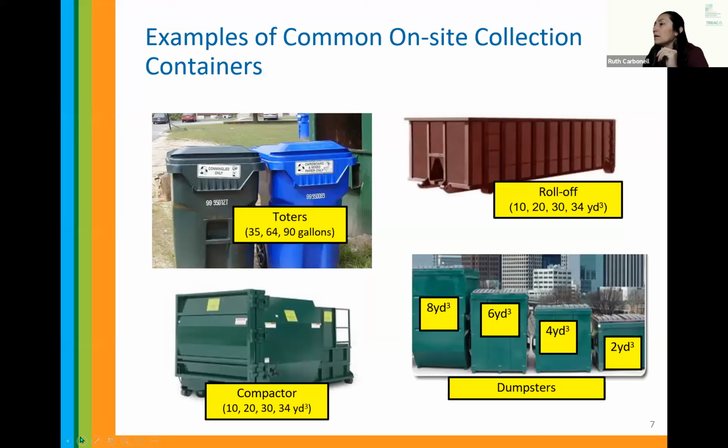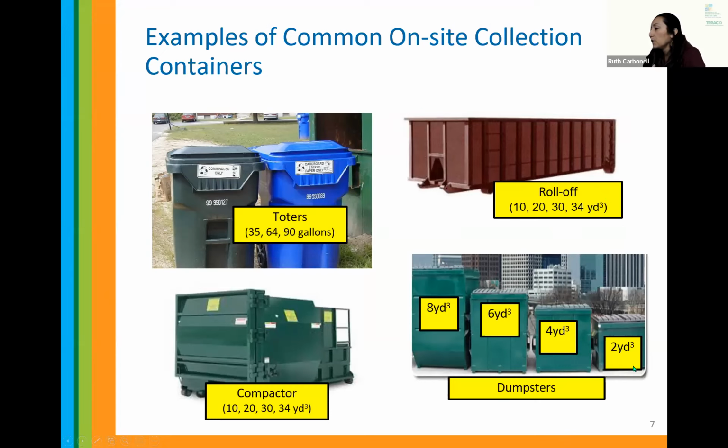These are just some examples of common on-site collection containers that you may have. So lots of people have toters, or maybe have a roll-off for bulk trash or for scrap metal, or even for the Christmas tree. Some companies use a roll-off. Dumpsters, so you may have an 8 cubic yard, a 6 cubic yard dumpster, a 4 cubic yard, a 2 cubic yard dumpster.